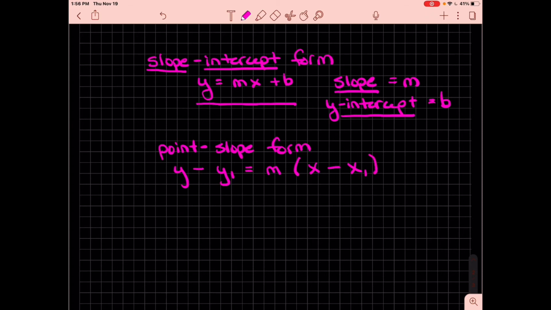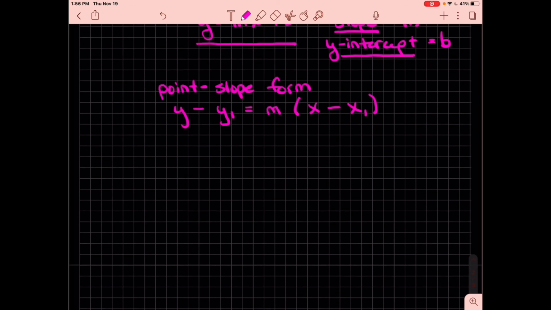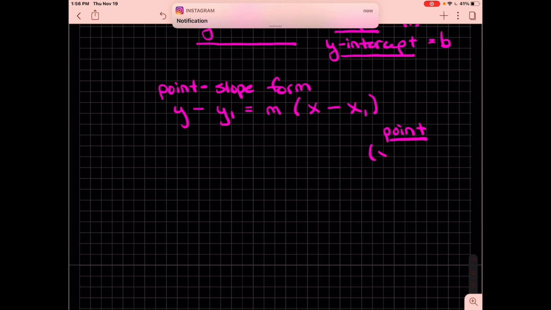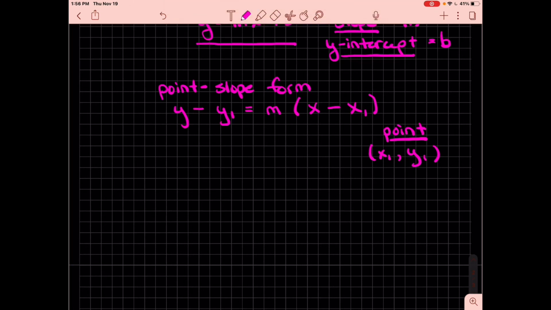So when we see this form, we see a point, and the point is x1, y1, and we see the slope. Same number, same letter that we were talking about before.